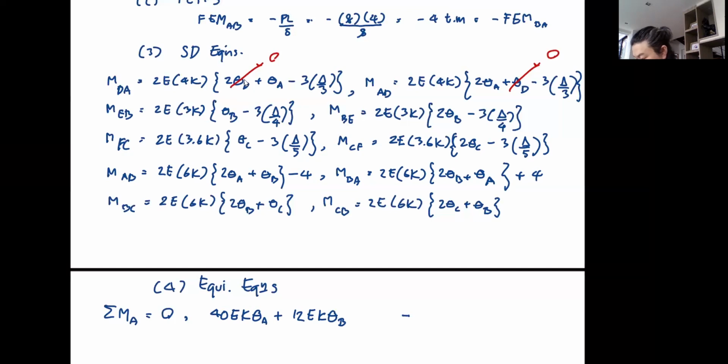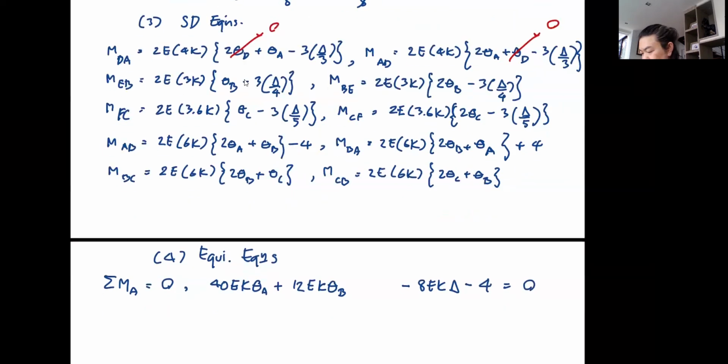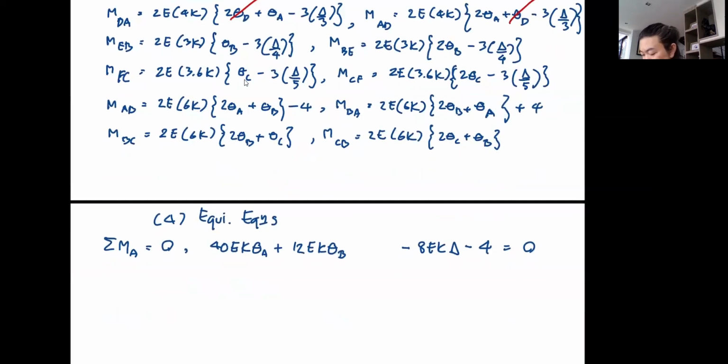Okay, minus 8 EK delta. I try to leave some space so that I can write theta C around this space. Minus 4 equal to 0. And I move on to sigma MB.